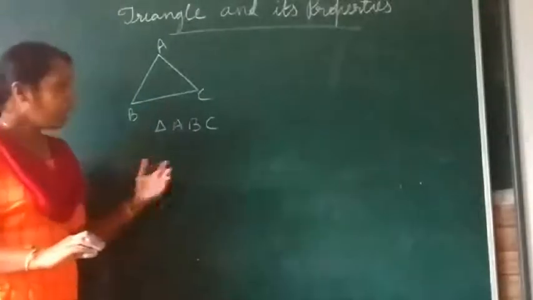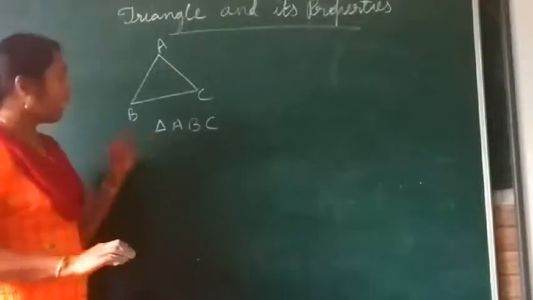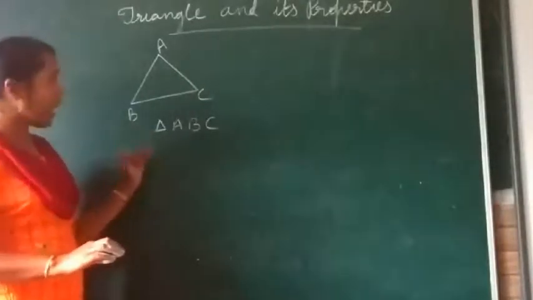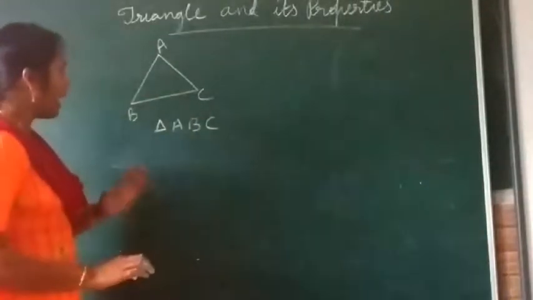Now you might have already learned about various types of triangles. Let us revise once again what are the various types of triangles. On the basis of the length of the sides, we can classify the triangles into three types.